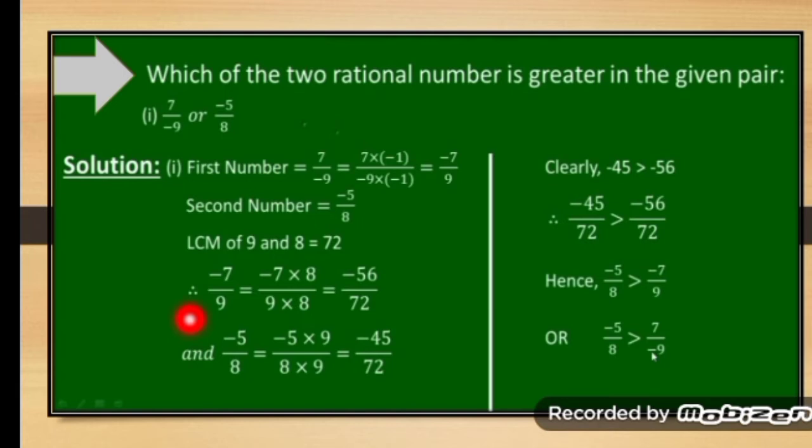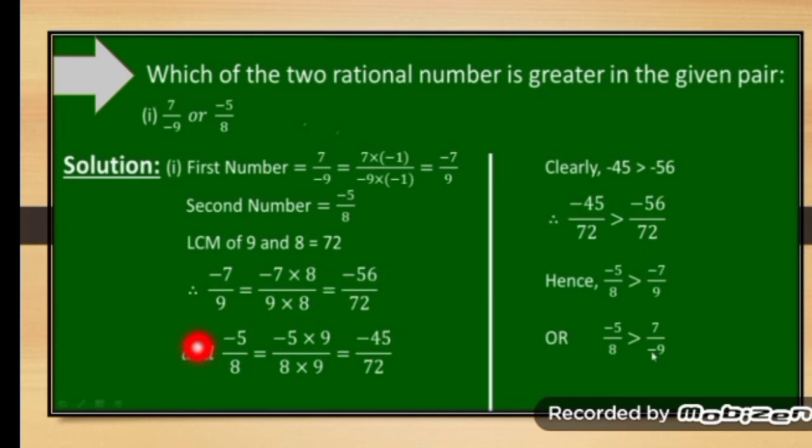Let's see the first rational number minus 7 by 9. To make 9 equal to 72, we will multiply it by 8 and we will multiply the numerator by the same number 8. After multiplying by 8, we get minus 56 by 72. Now take second rational number minus 5 by 8.